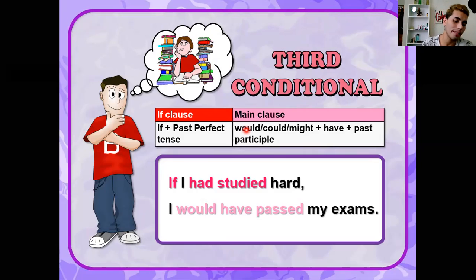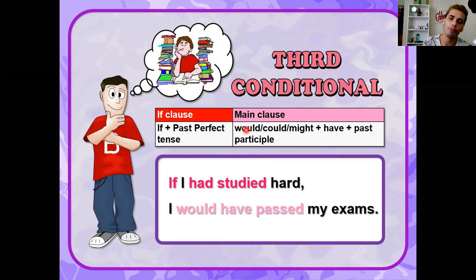So for example, imagine that yesterday I bought a chocolate, and right now I feel guilty because I bought this chocolate. So I said, what would have happened if I hadn't bought this chocolate yesterday? So the third conditional is about this.